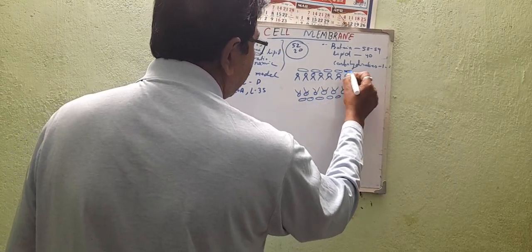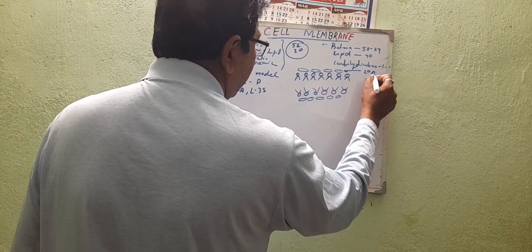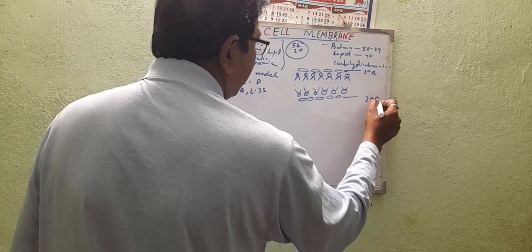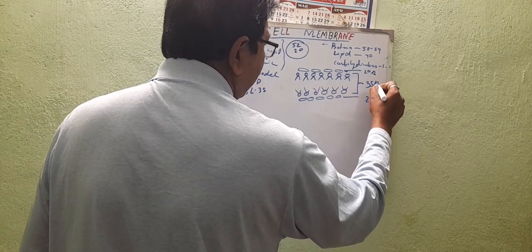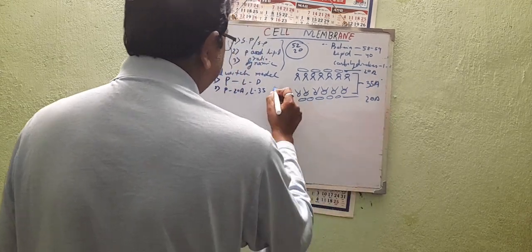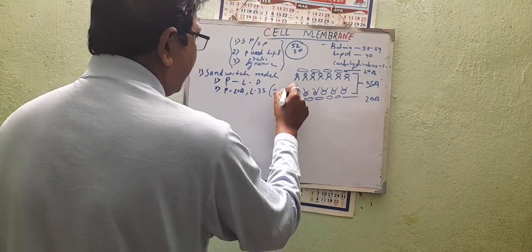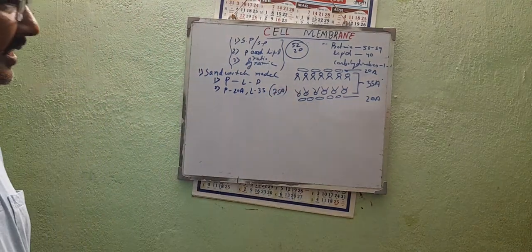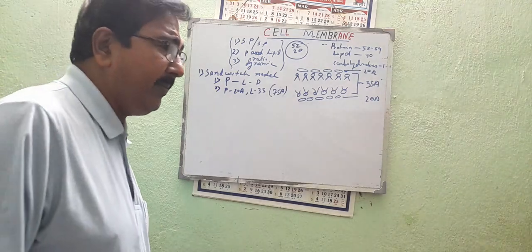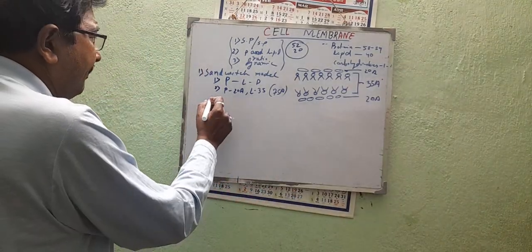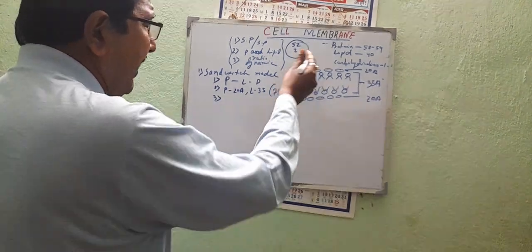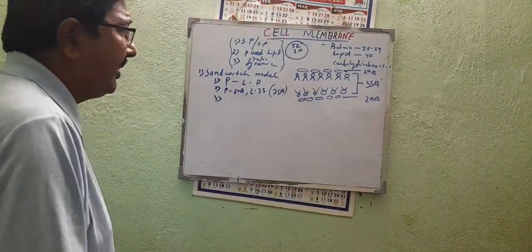This protein layer is 20 angstrom, this is 20 angstrom, and this bilayer is 35 angstrom. So the total is 75 angstrom. The range of the plasma membrane is 75 to 100 angstrom.